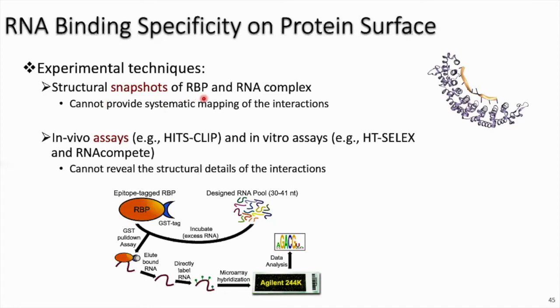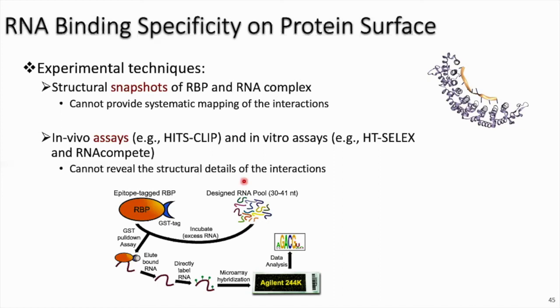So people have developed assay-based experiments, which can provide us with high-throughput binary binding results. However, such experiments can't provide us with the interaction details. So it is very desirable to develop new methods, experimental or computational, which can provide both pieces of information at the same time.